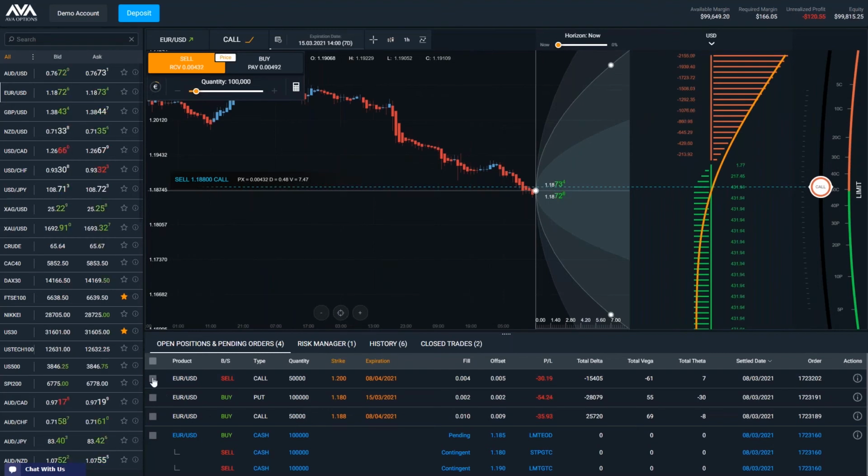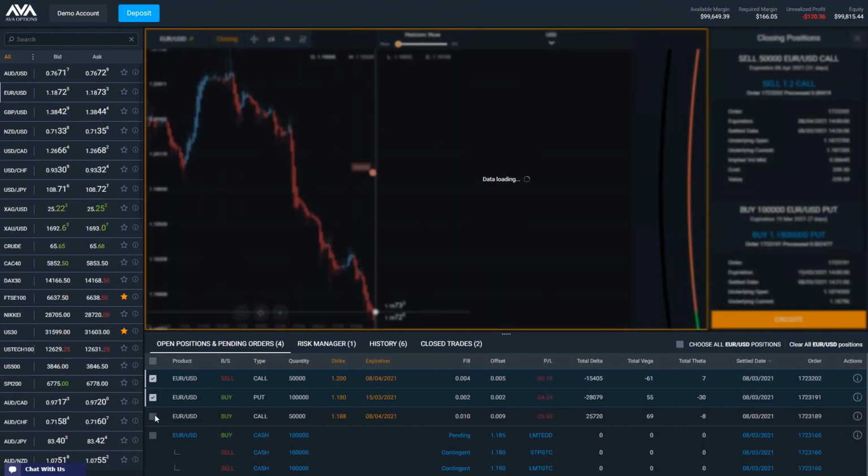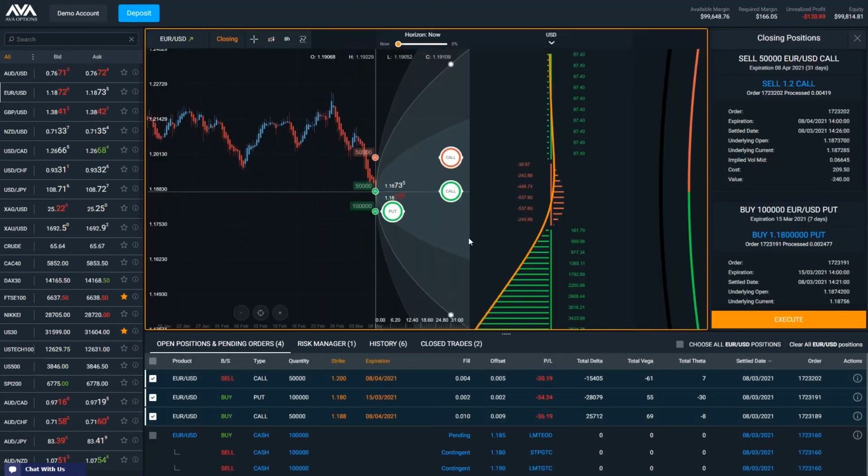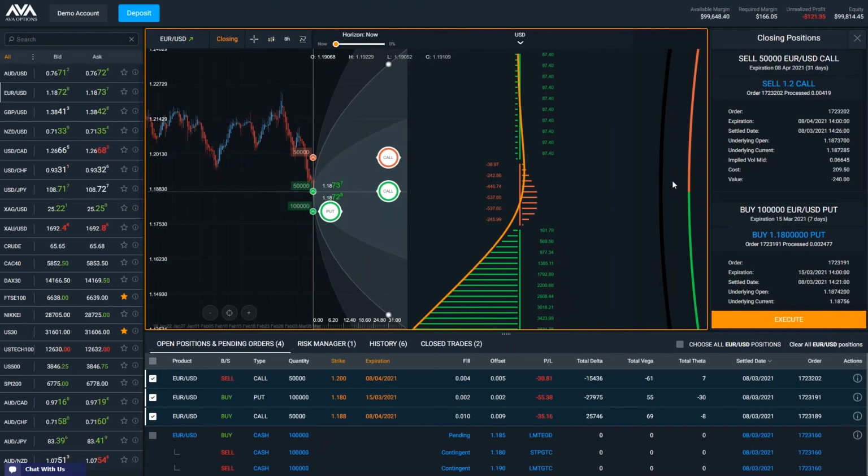If I choose all three trades, I can see what they look like together. This is what our net risk looks like. We've got three positions, and you can see that we can have a small profit if the market moves higher. We can have some losses if the market stays where it is, but the dominant position here is going to be that long put because it's larger at 100,000 and because it's not hedged by the other two.